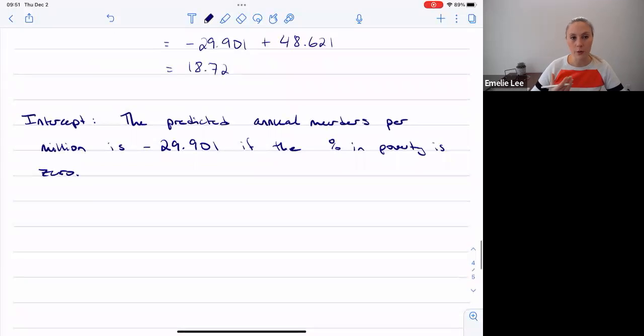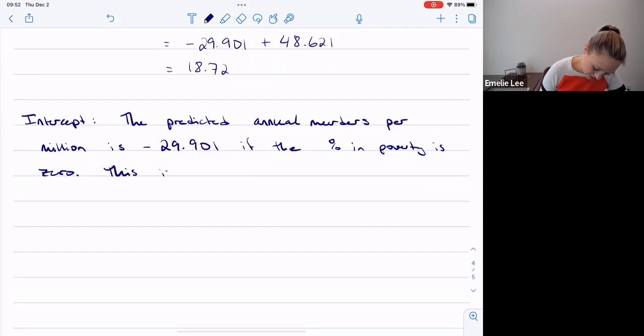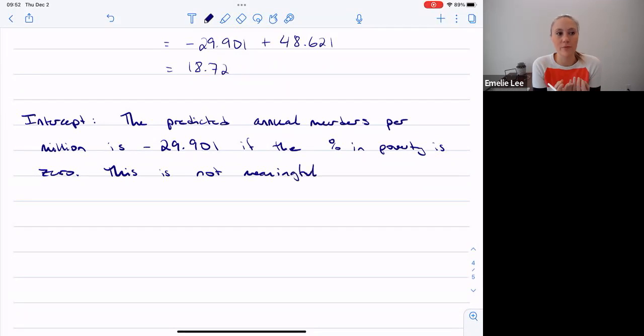And then I'm going to follow it up with, this is an extrapolation, so this is not meaningful. It's not useful information. A predicted negative annual murders per million doesn't exist. We can't have that.